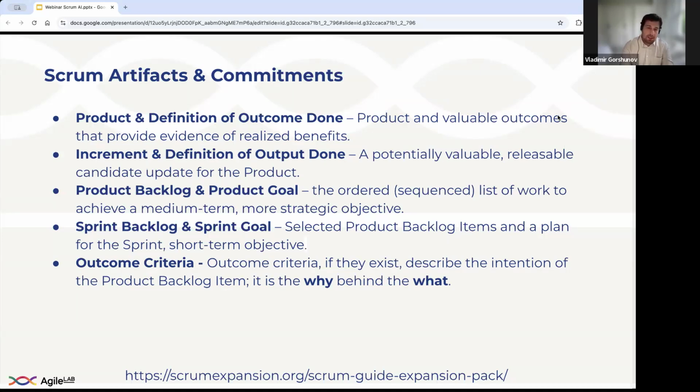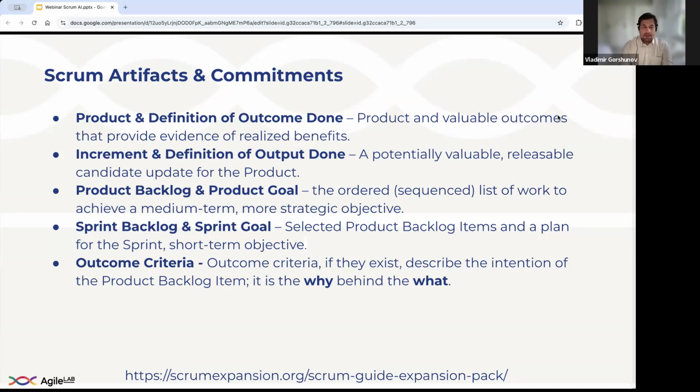When we have multiple teams working on the same product, each Scrum team can have their own definition of done, but altogether they need to be aligned on the definition of done. It really depends on how much complexity you add on top of it. But here, this is exactly the same idea with slightly different wording. We're saying that the product should have a definition of outcome.